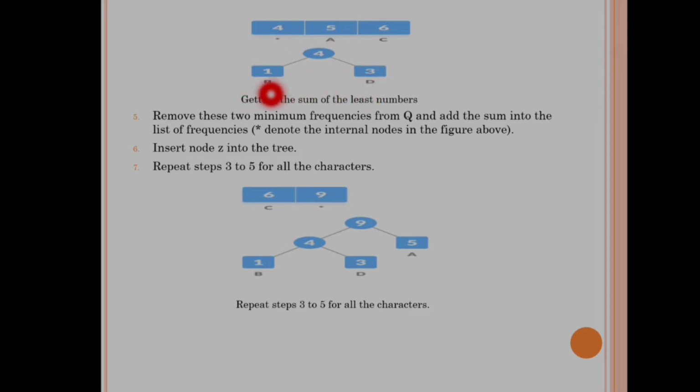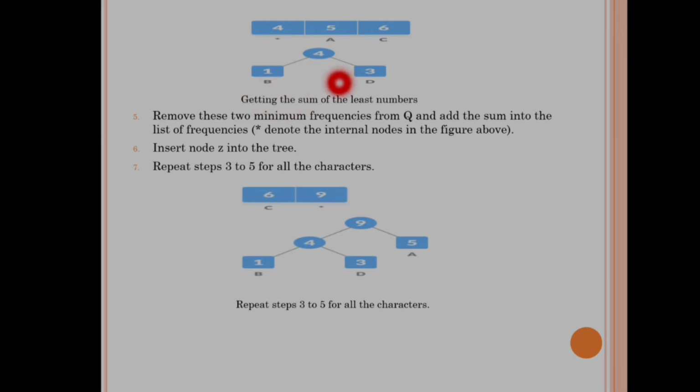This is the minimum frequency and this is the second minimum frequency. The minimum frequency we have taken to the left side and the second minimum frequency to the right side, and then we will sum these two frequencies and take it as a node, as the root.